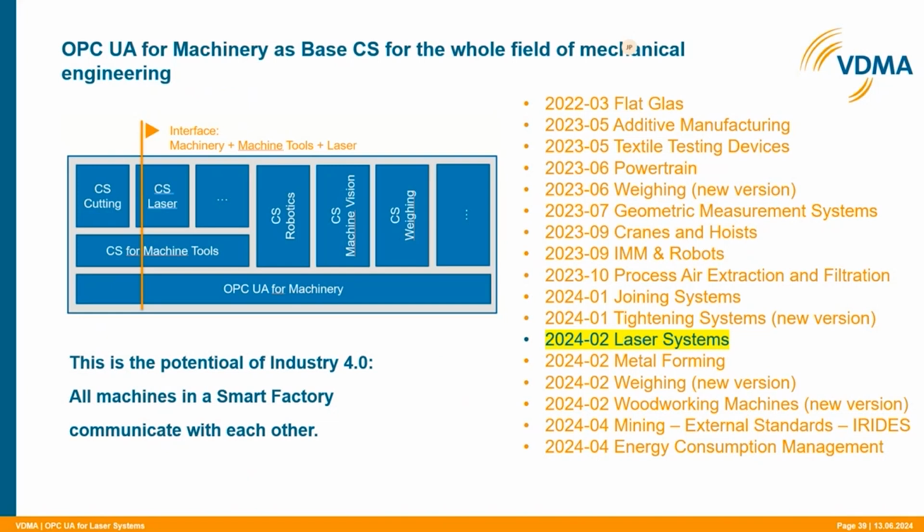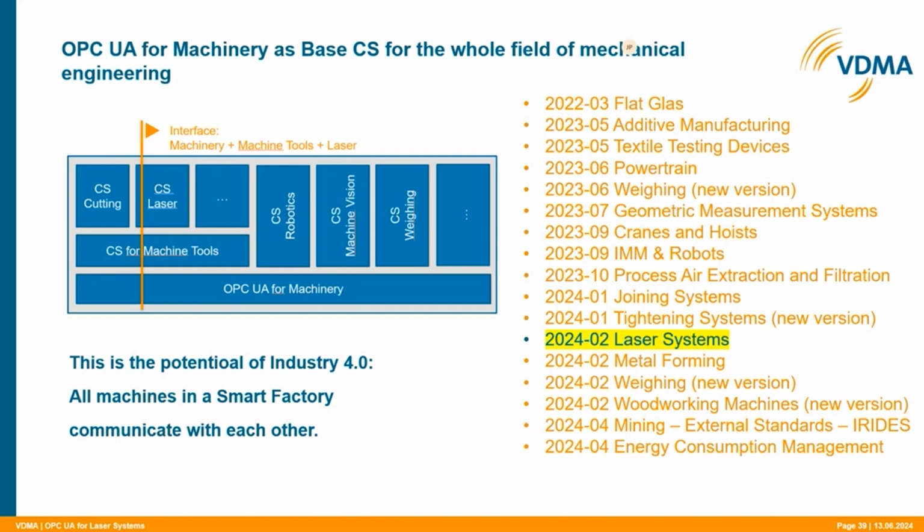So on the right, we see all these specifications, which are standard publications with their dates when they have been released. We have measuring tools, metal forming, joining, and so on. So all those specifications are building a complete smart factory.